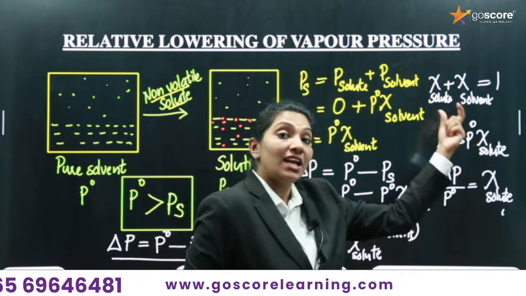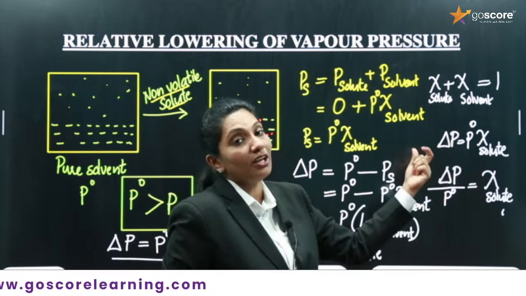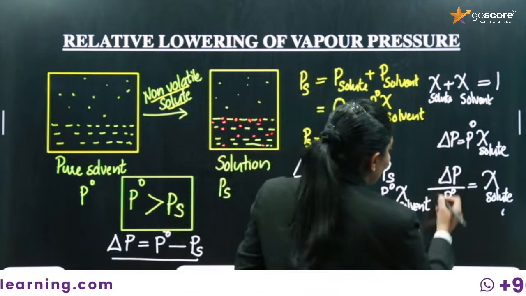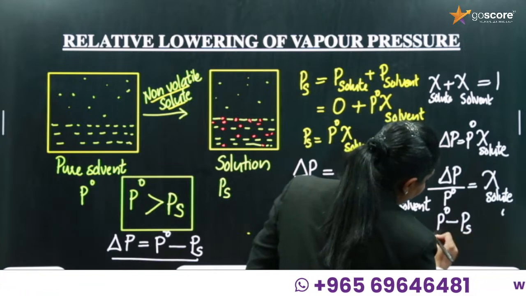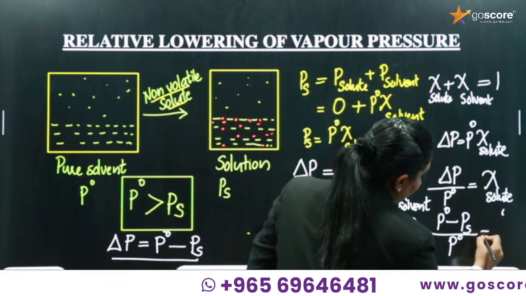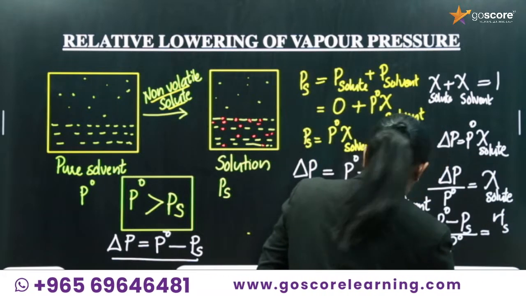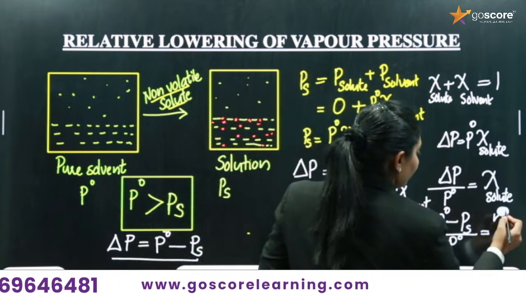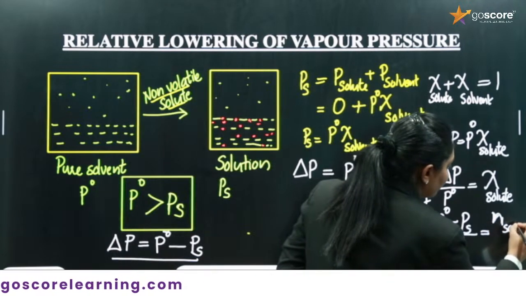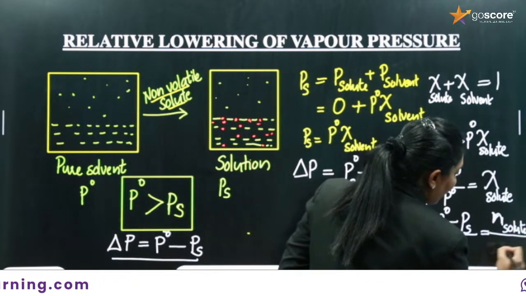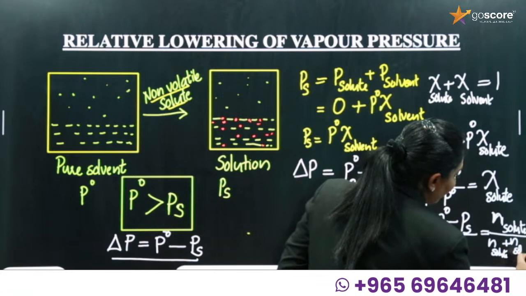It depends on the amount of substance and not on the nature of the substance. That's why it is called a colligative property. Instead of delta P, I can write P naught minus PS divided by P naught equal to the mole fraction of solute, which means the number of moles of solute divided by the number of moles of solute plus the number of moles of solvent.